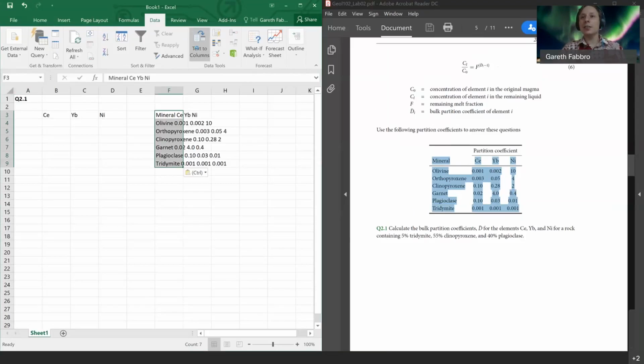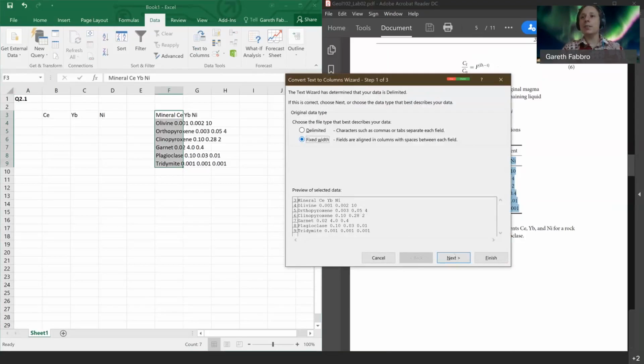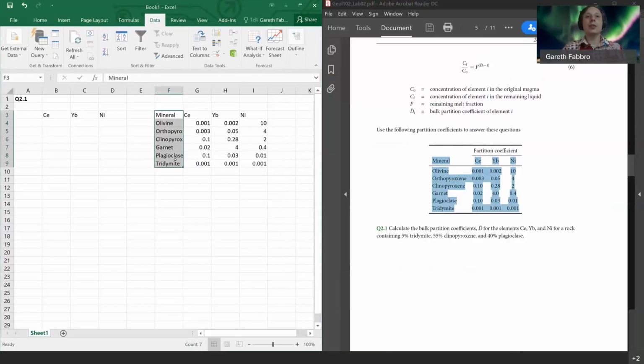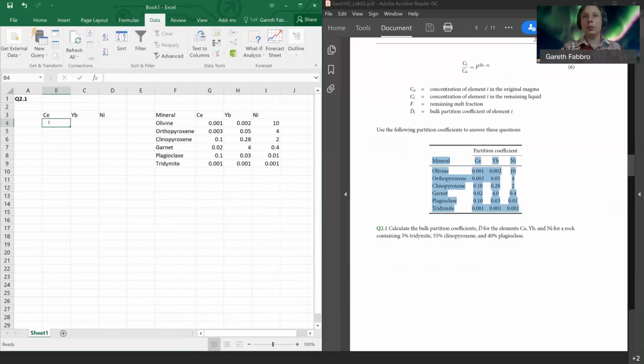You can choose delimited, which means that each column is separated by, in this case, a space. You tick, and you split them up nicely.